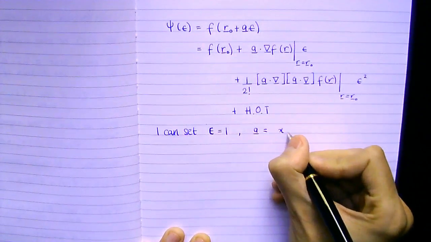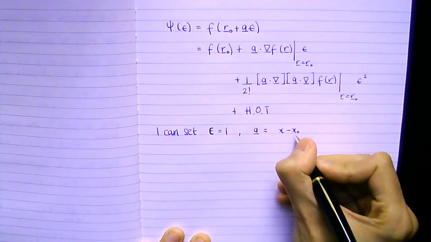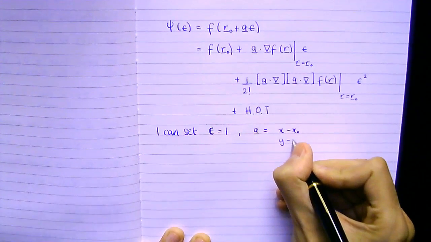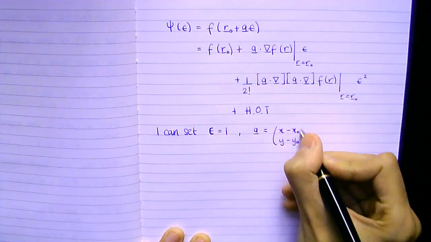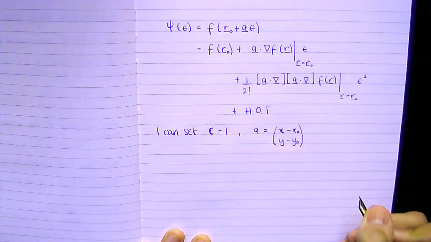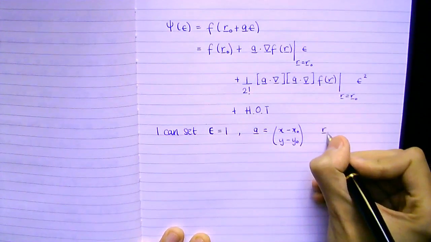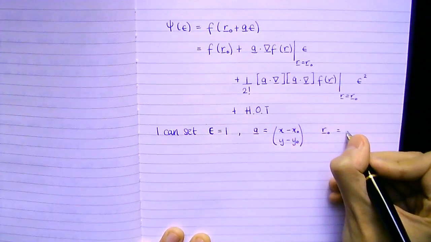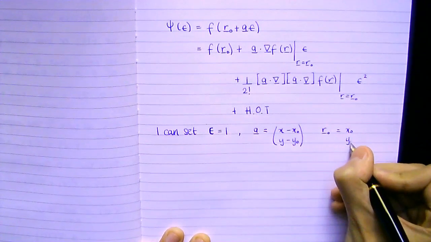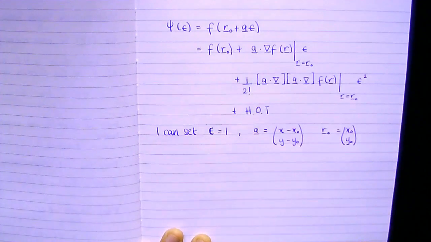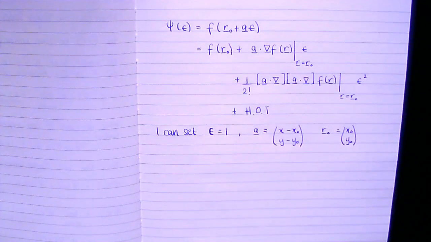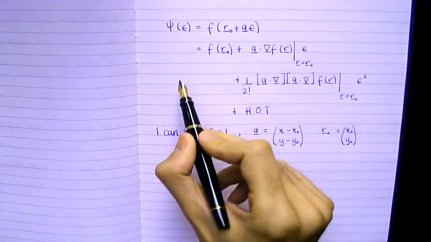I'm going to set it to be the following. I'm going to call it this vector. And I'm going to set R0 to be this vector. Okay, these are all things which I'm free to choose, and I'm going to choose this particular form. The reason is that it simplifies a lot of what's happening over here.